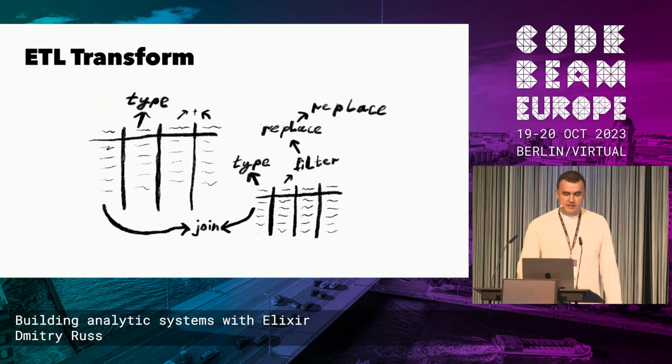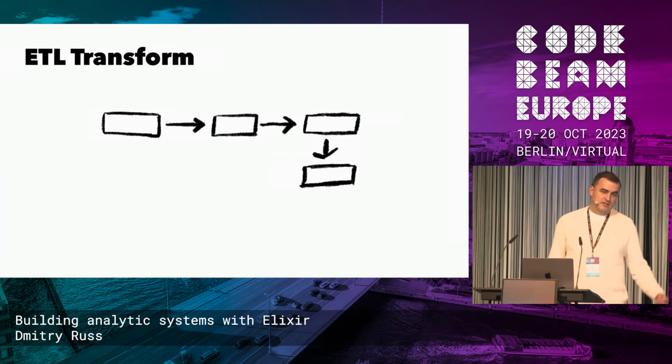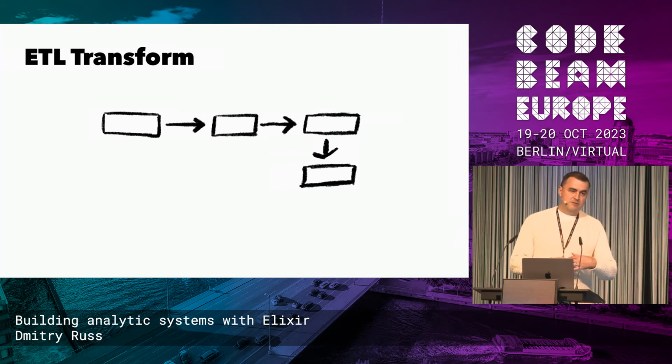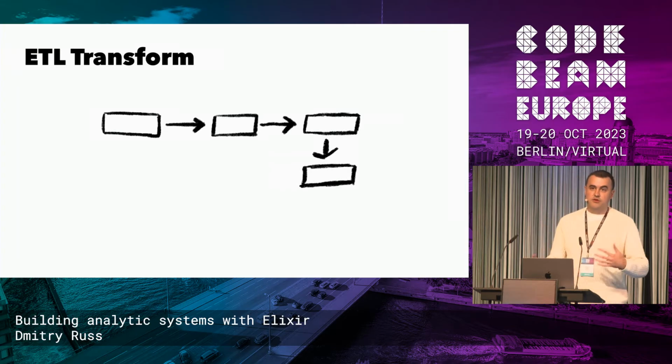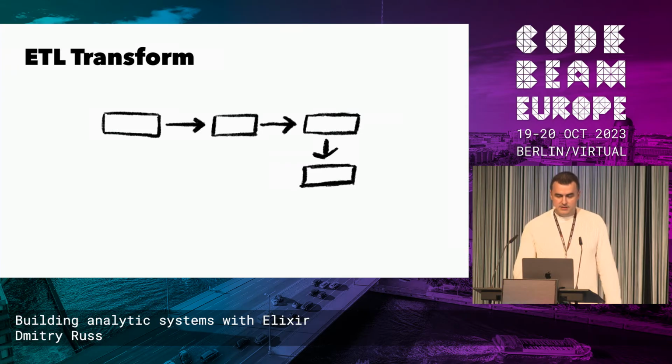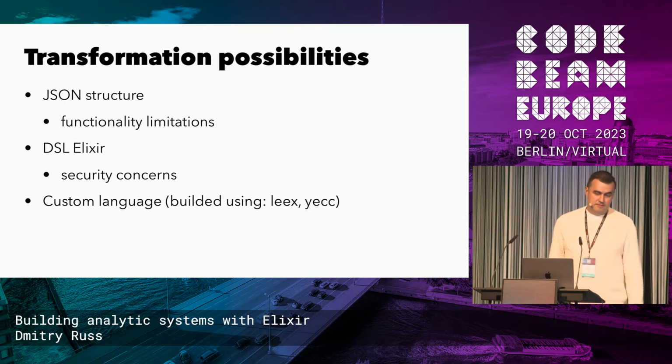In the end, what you will have is some chain of transformations which you want to apply on the data before it becomes the format which you will need for your analytics system. In Elixir, there are, at least known to me, about three transformation possibilities.